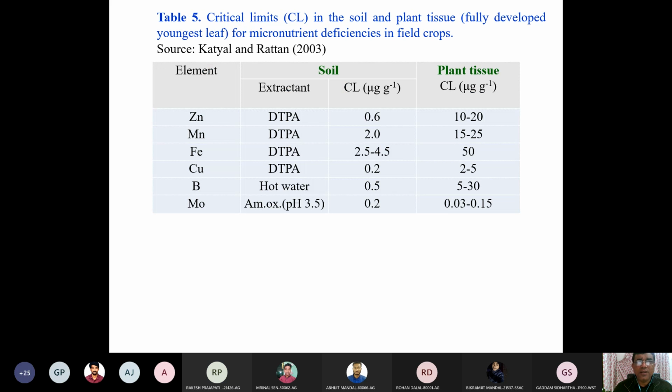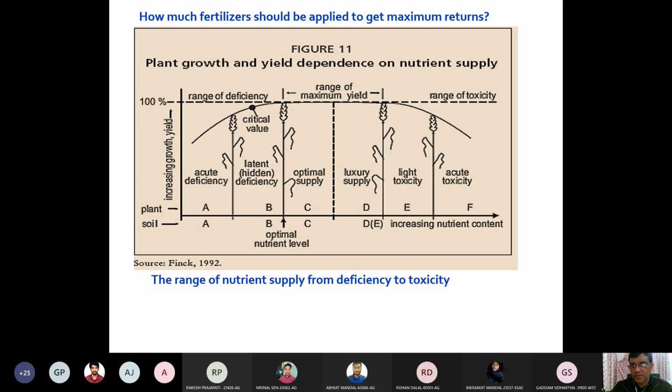Sir, some nutrients are present in the soil, but the plant is unable to take the nutrients. Then how can we determine the critical levels? For example, phosphorus, it is fixed in the soil. Actually, the critical level of the nutrient is defined based on the available nutrient in soil.